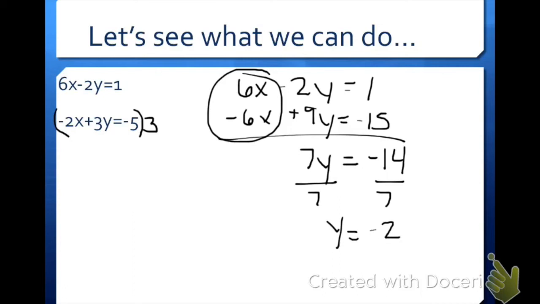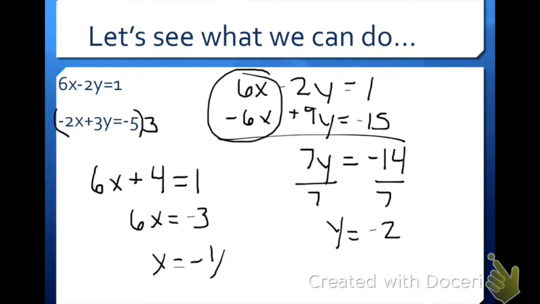If I put that into this original equation, 6x plus 4, because negative 2 times negative 2 will give me positive 4, equals 1. 6x equals negative 3, or x equals negative 1/2. So my solution is (negative 1/2, negative 2).